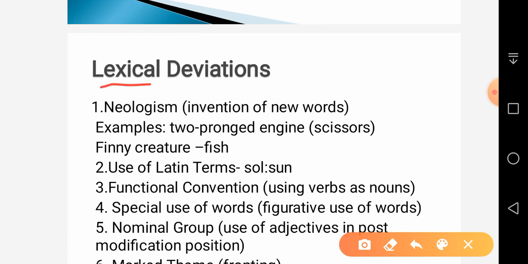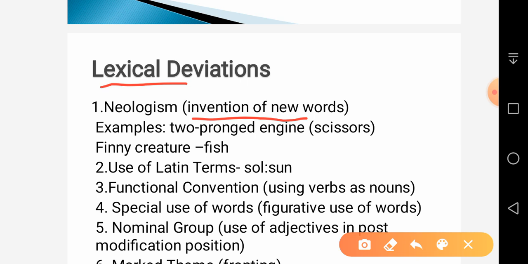Lexical deviations are paradigmatic deviations. So usually the poets, artists, literary artists, dramatists, playwrights, they are in the habit of inventing new words. This is known as neologism.